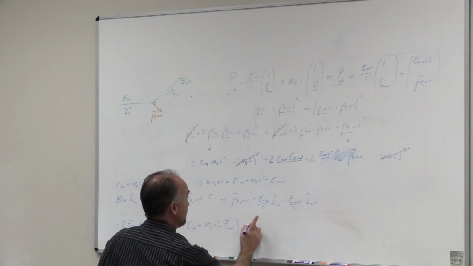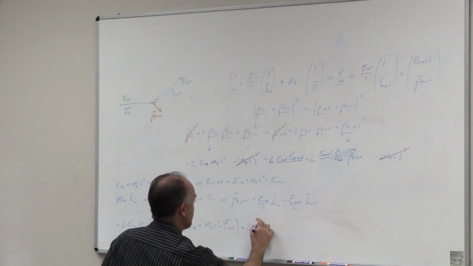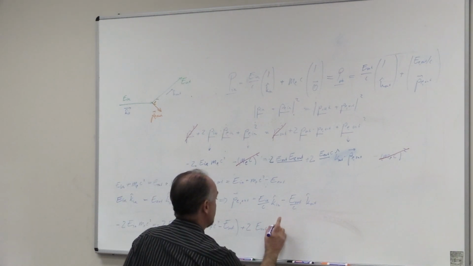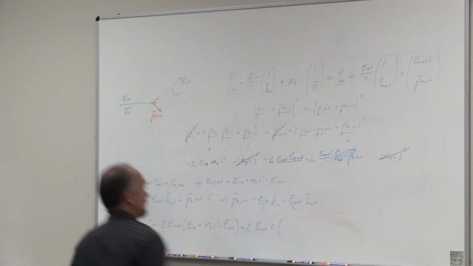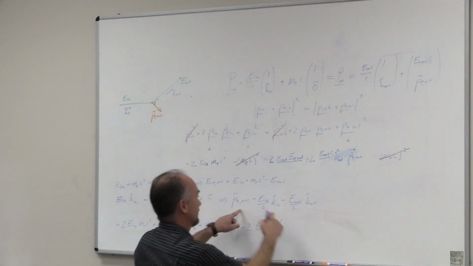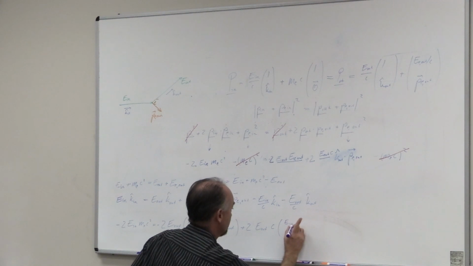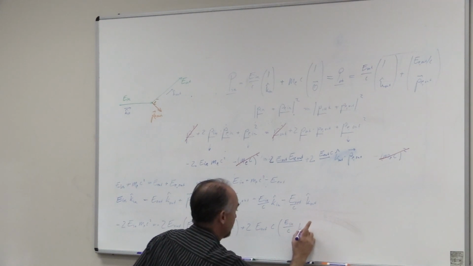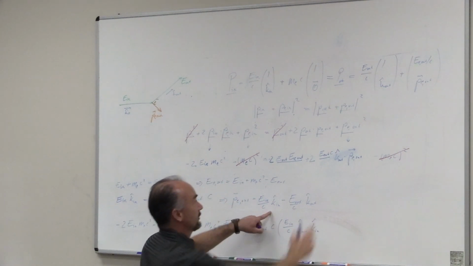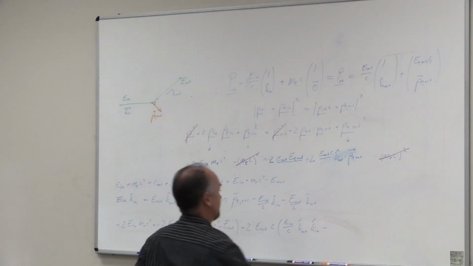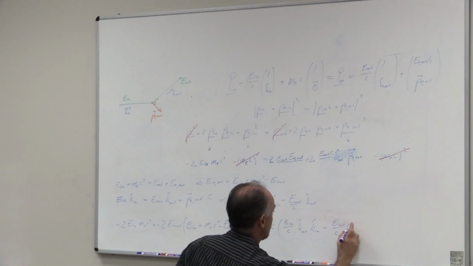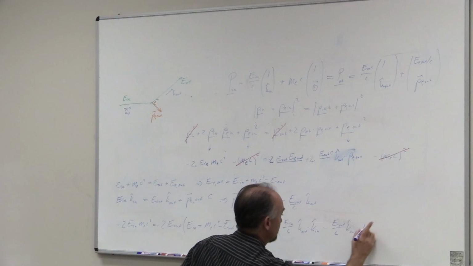Okay, plus 2 E_out times c times, and now K dot, so K_out dot K_in. So we have this here, E_in over c K_out dot K_in. That's the first part here. Minus E_out over c K_out.